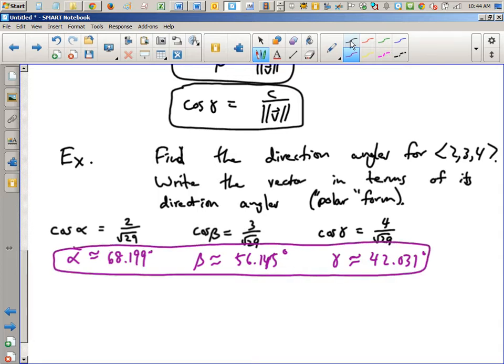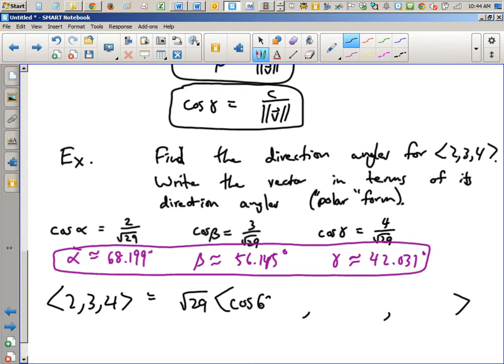How do you write this vector 2, 3, 4 in sort of a polar type form? You slap a rad 29 in front. Watch close. You write cosine 68.199, cosine 56.145, cosine 42.031.